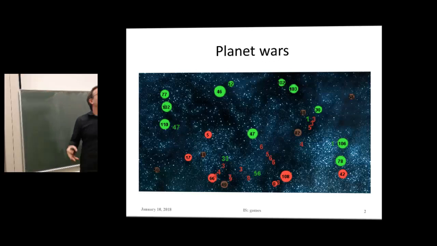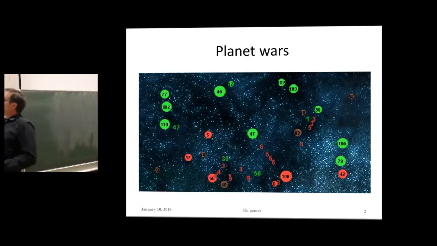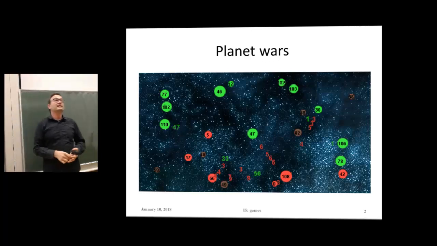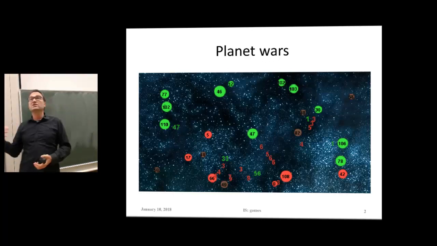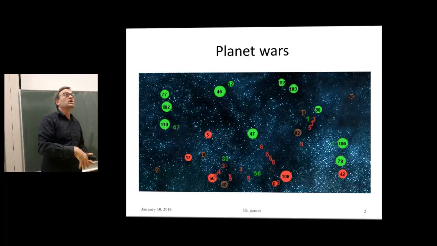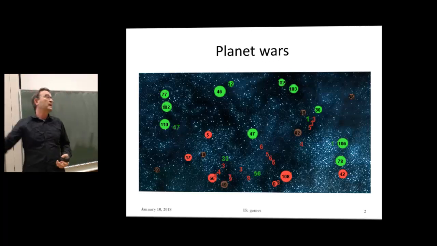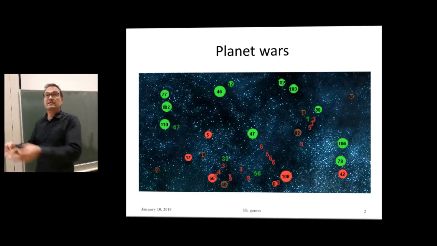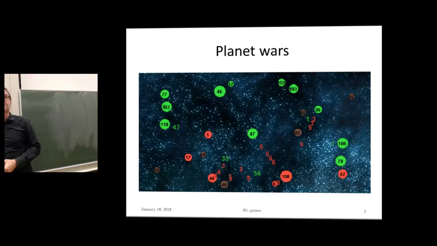The idea there was that you had two players, a red one and a green one, and you could send ships from one planet to other planets. And if you send a fleet that was bigger than the fleet of the opponent at this planet, then you would get hold of this planet.